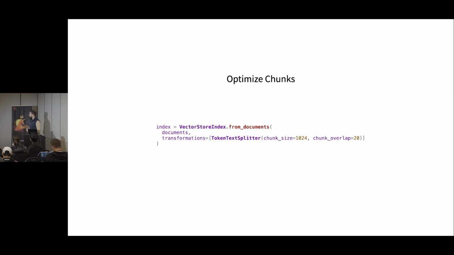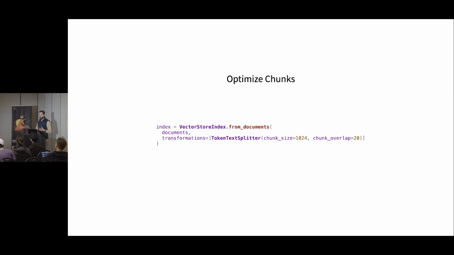We can do that by specifying a transformation and using a token text splitter. We can say our chunk size should be a maximum of 1024. It could, of course, be smaller or bigger too. And there should be a chunk overlap of 20 tokens. So the next time we run that, we get those small chunks that we send to the large language model, and it's going to be faster.